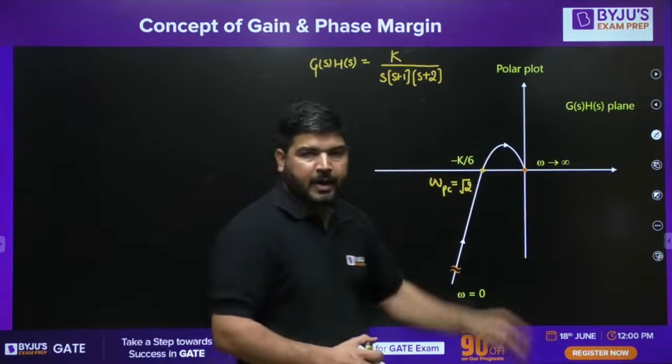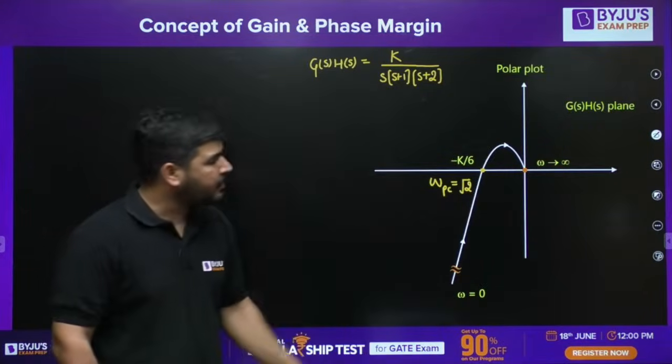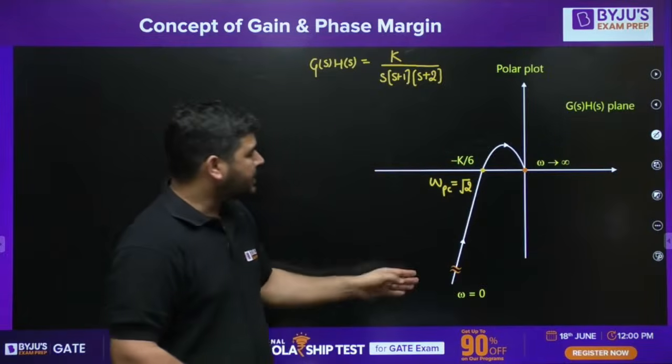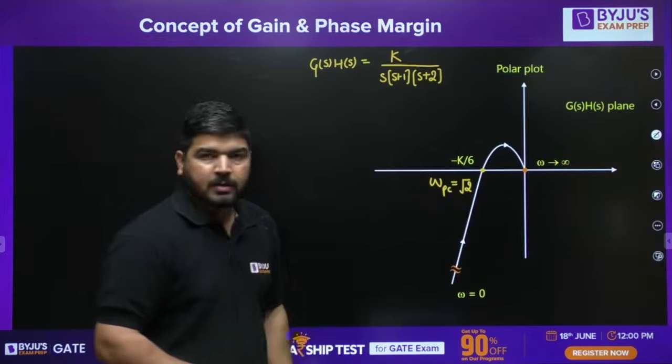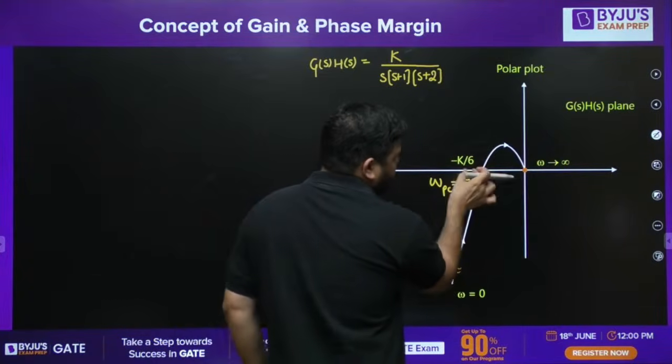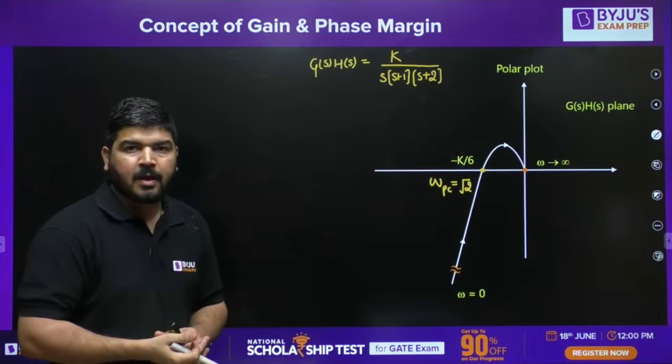You can check it. I don't want to go into the calculation part because everybody knows how to calculate the phase crossover frequency. This is the polar plot, and at this point the distance is -k by 6.